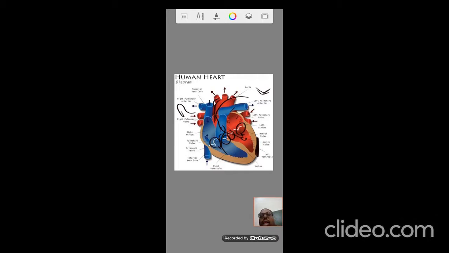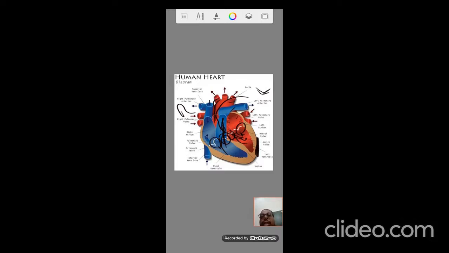This aorta is responsible for carrying the oxygenated blood from this part of the heart to the other areas. In the same way, here also we have this one, which will carry the blood to the lungs.